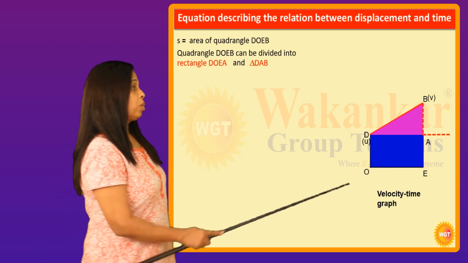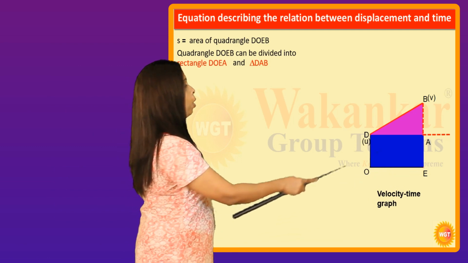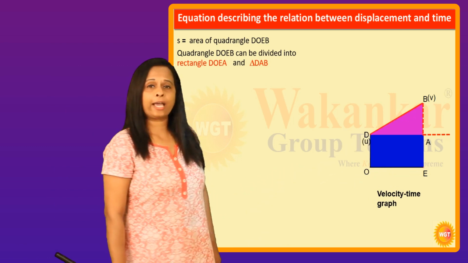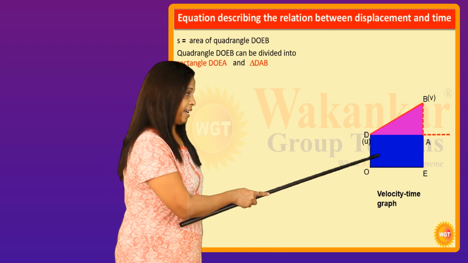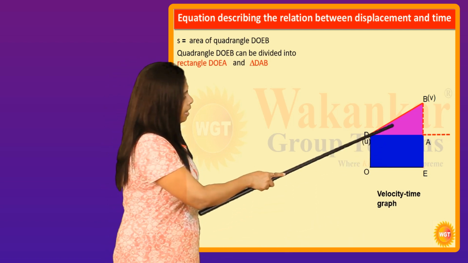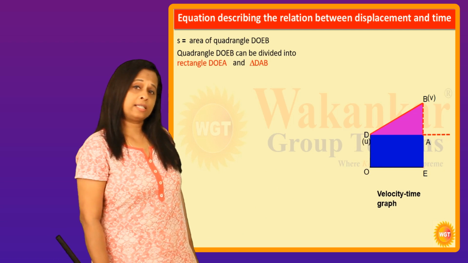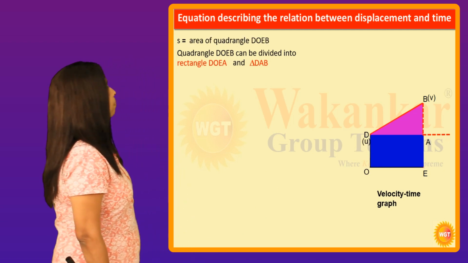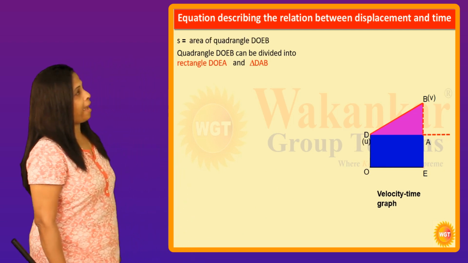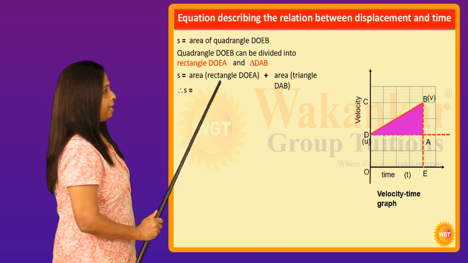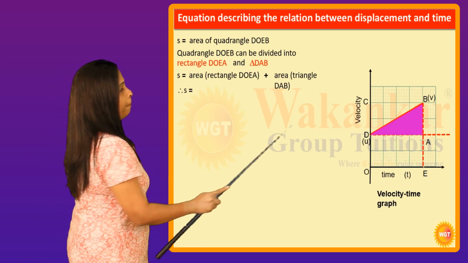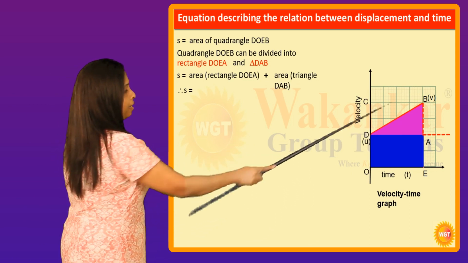Now, if I have to calculate the area of DOEB, I can first calculate the area of this rectangle plus the area of this triangle. It's easy. So, the area of quadrangle DOEB is nothing but the area of the rectangle plus the area of the triangle.